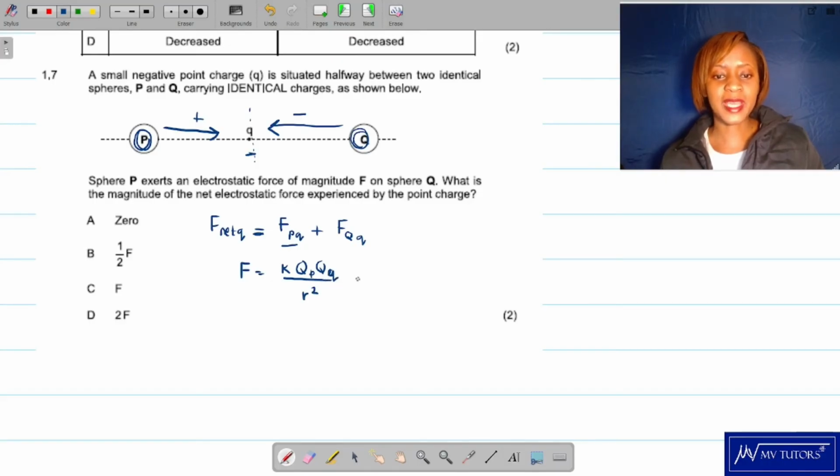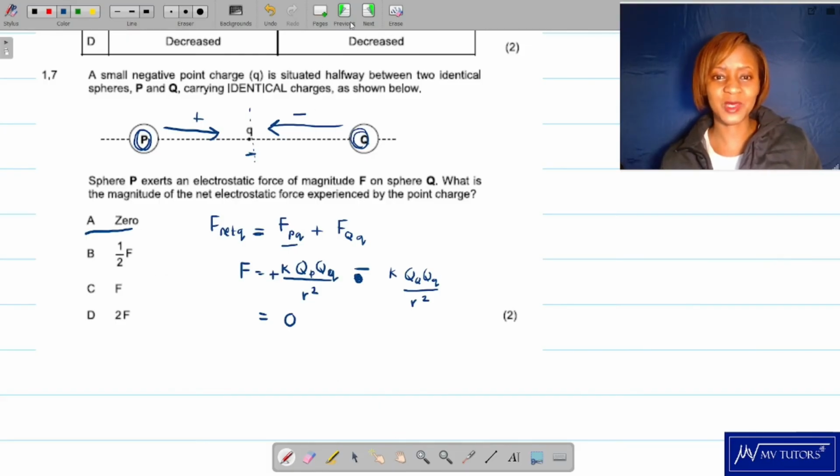Then we're going to add again on this side K Q small q over R squared, and this one would actually be negative, and that one would be positive, and they have the same quantities, so positive plus negative, you'll end up with a force of 0. So A would be the answer.